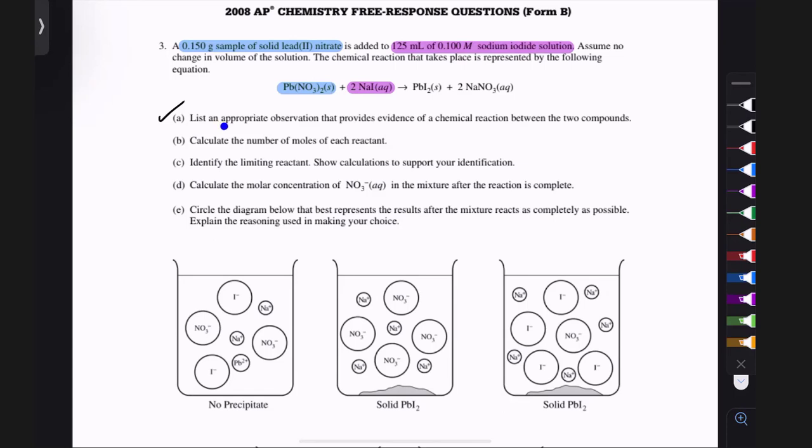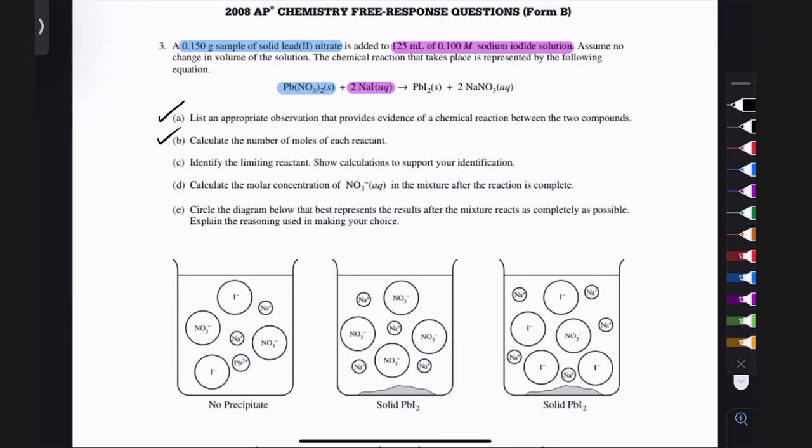There's also, of course, precipitation. So in this case, the answer should be that there is new precipitate forming as a result. That should be the appropriate observation that shows that lead iodide is in fact being produced as a solid.